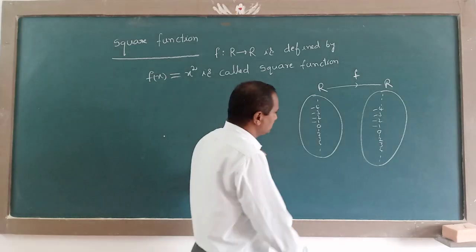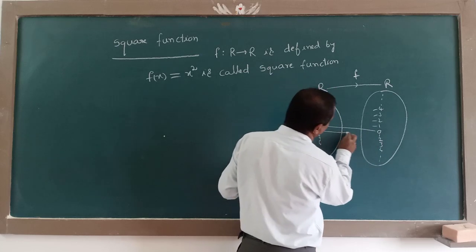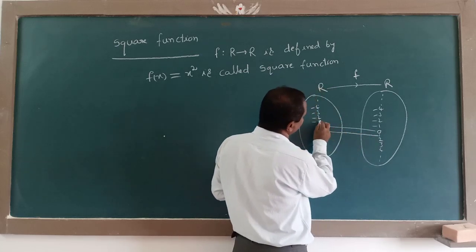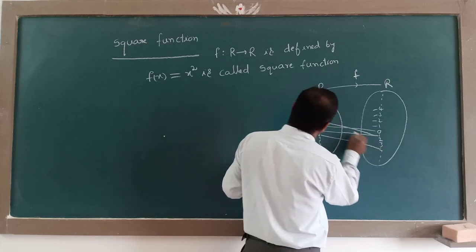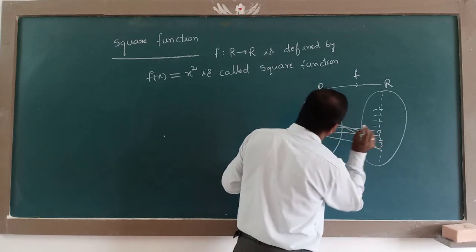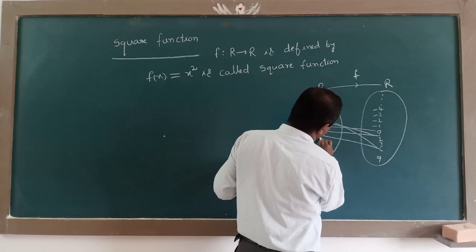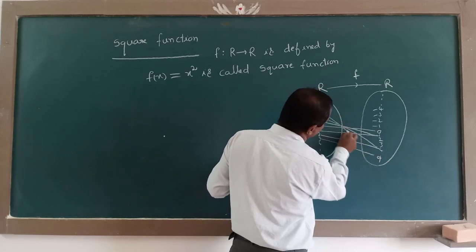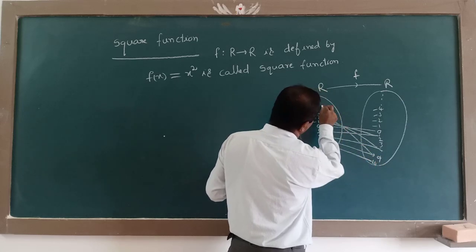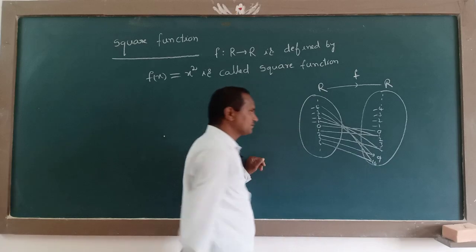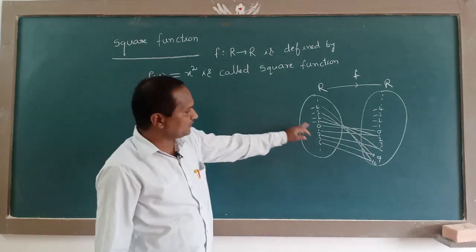You see here, 0 squared is 0. 1 squared is 1. Minus 1 whole squared is plus 1. 2 squared is 4. Minus 2 whole squared is 4. 3 squared is 9, minus 3 whole squared is 9. 4 squared is 16, minus 4 whole squared is 16. Like that, the square of a real number is a real number.